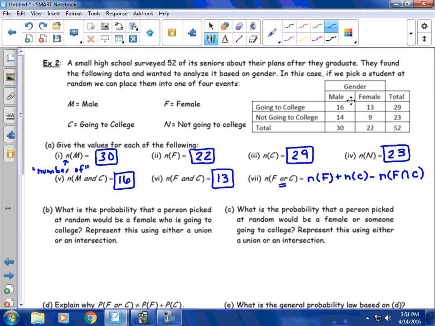That was that section we counted twice right here. So number of females, 22, plus number going to college, 29, minus the number of females who are also going to college, 13. It gives us a total of 38.